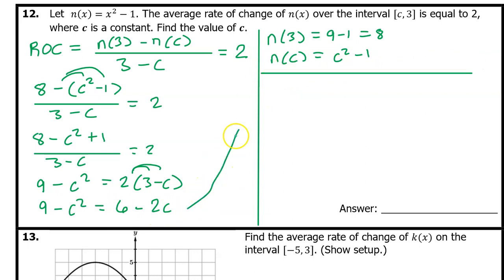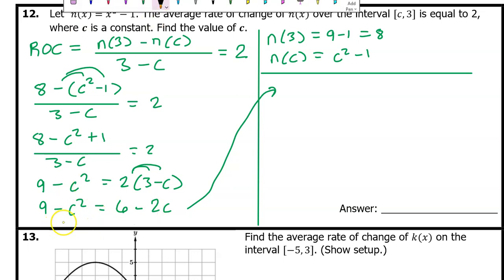Okay, I'm going to pick up right here. I'm going to get everything on one side of the equation. I really want the c squared to be positive, so I am going to add c squared to both sides.